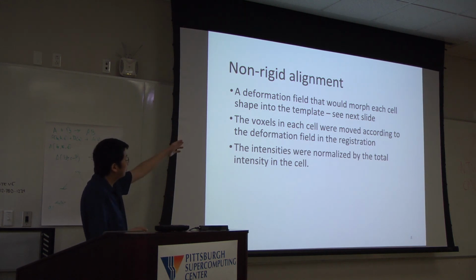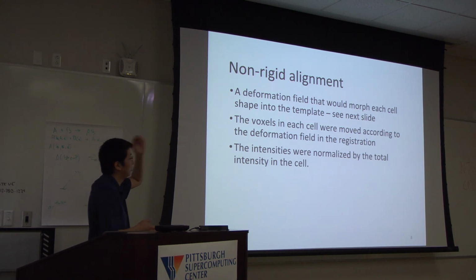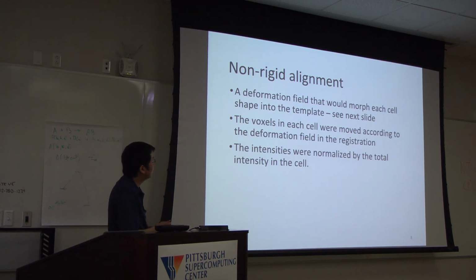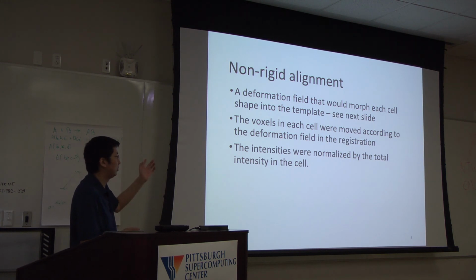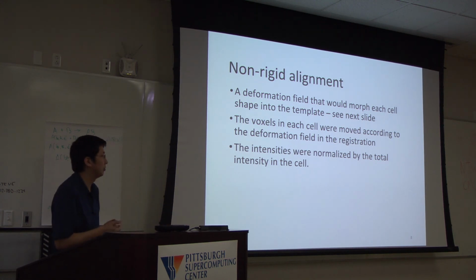We do so by the diffeomorphic model, as I talked before, using the LDDMM algorithm. We match the cell to the uniform template, as I said before, the half ellipsoid, because we found the T cells are very similar to a half ellipsoid. So this is the reason why we do so.